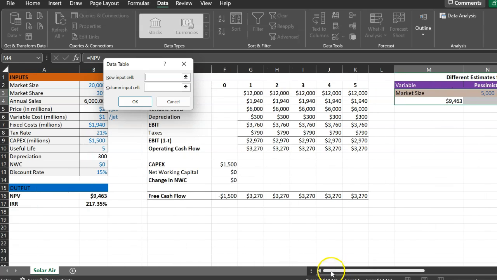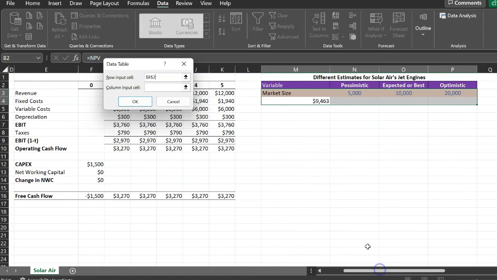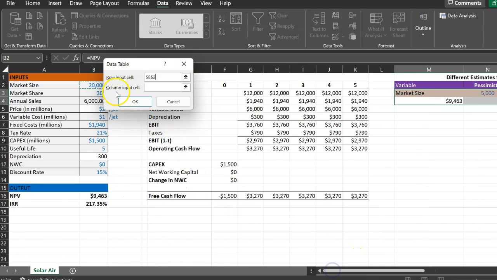And in my baseline model, the market size number is basically coming from here, right here, 20,000. This is the market size number. Once you do this, what Excel will essentially do is that because it knows that this NPV formula is using cash flows from here, and these cash flows are in turn a function of the market size number that is coming from here.